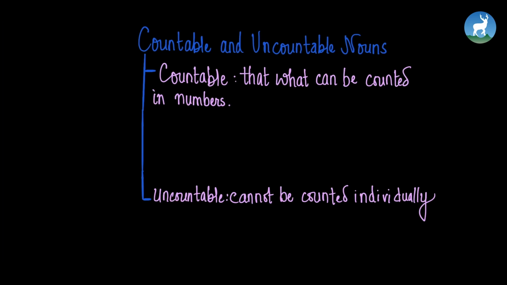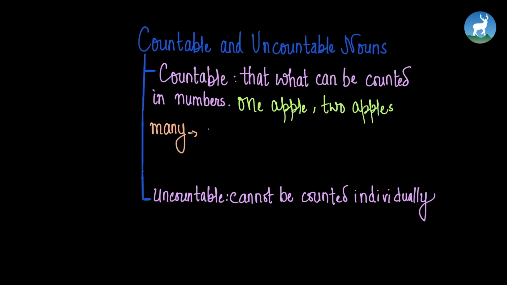First, let's talk about countable nouns. Countable nouns are the things we can count. For example, we can say 1 apple or 2 apples because we can count the number of apples individually, right? Now, when we want to ask about the quantity of countable nouns, we use the word many.